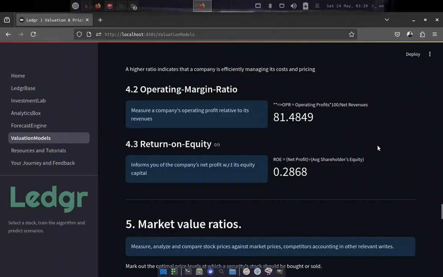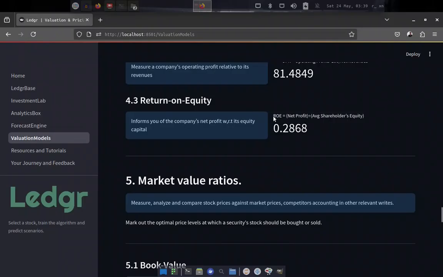Finally, we have the return on equity. If you multiply this by 100, it's 28.68%. So on a yearly basis, the company's net profit with respect to its equity capital is increasing by this amount, not by 0.28, but by 28.68%.